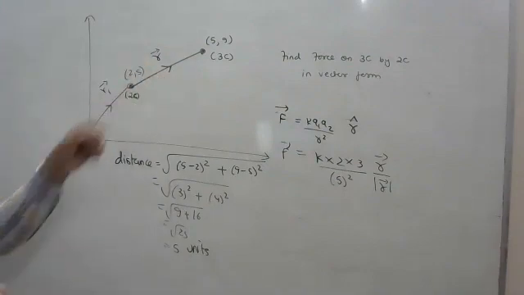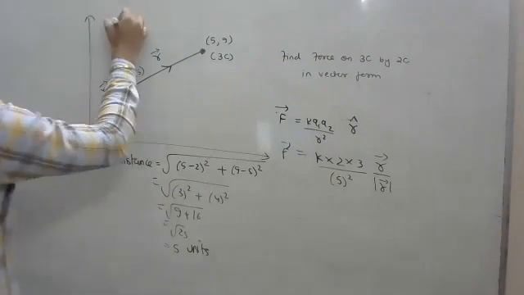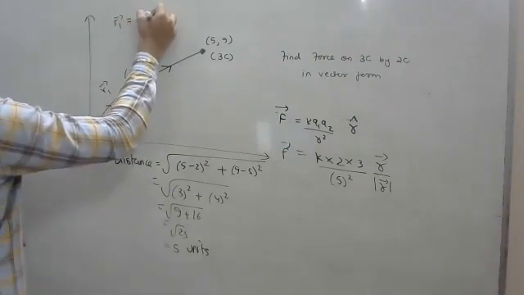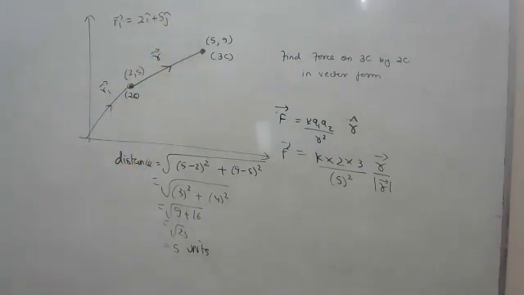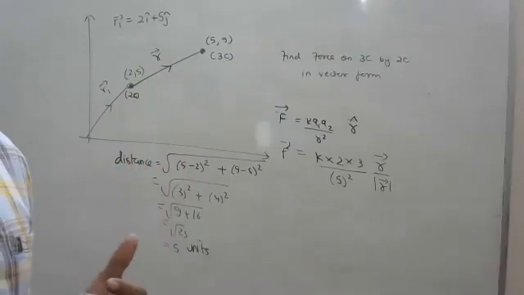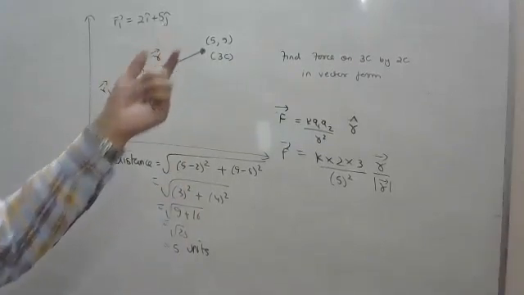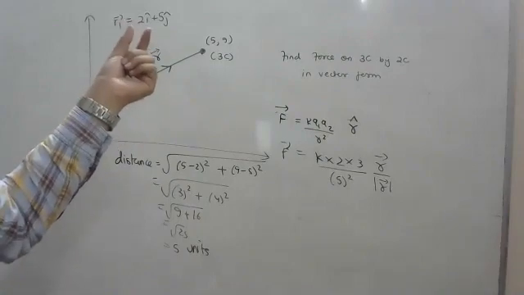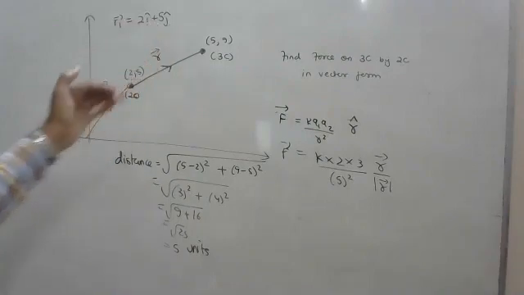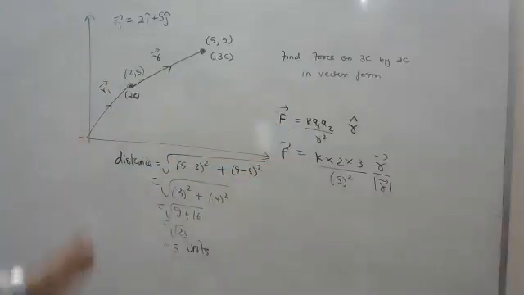This I am writing in coordinate form. When I have to mention this in vector form, it is 2i plus 5j, where i is related to the x component and j is the y component. So whatever x component you have, you will write 2i cap and 5j cap. i means x direction, j means y direction.